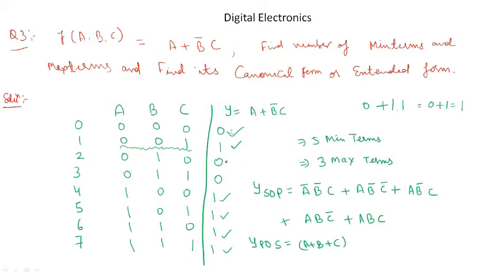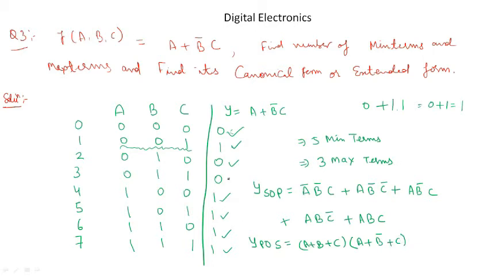The next output having 0 is here, so the POS form for this will be: A is 0, so it will be A plus B, which is 1, so we will write B bar, and C is 0, so we will write it as C.